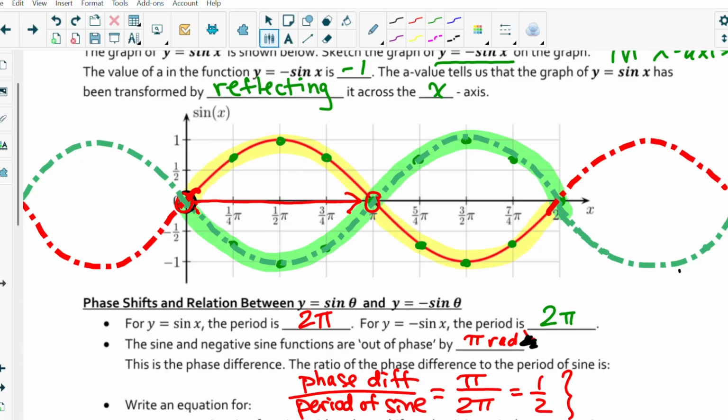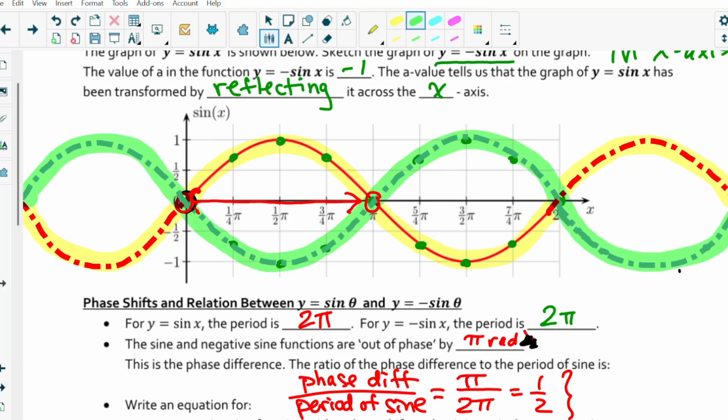So there we go. Then let me just highlight it so it looks, oops, wrong highlighter. Okay, and then the green one.